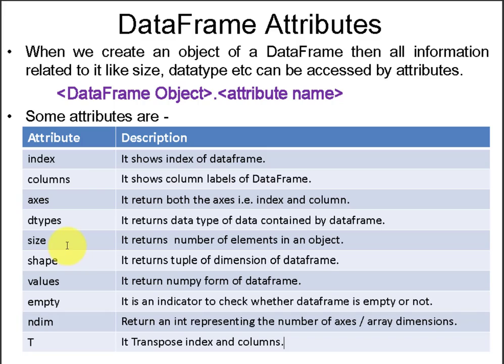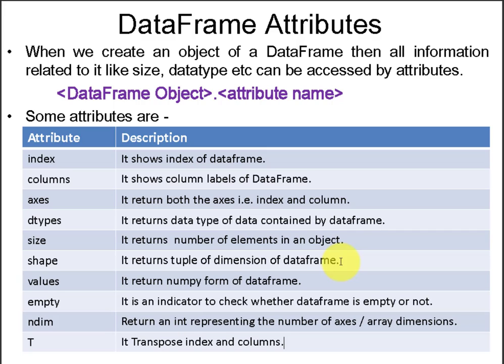The next attribute is size. Simply, it returns the number of elements in an object. How many elements are in your data frame, you can check with the help of the size attribute. Next is shape. With the help of the shape attribute, you can check the tuple of dimensions of the data frame.